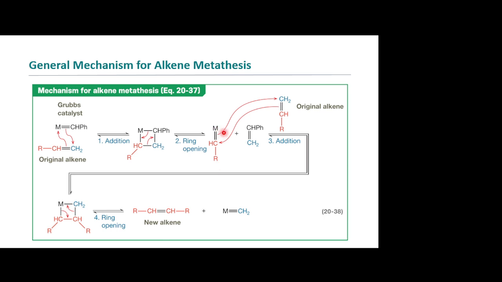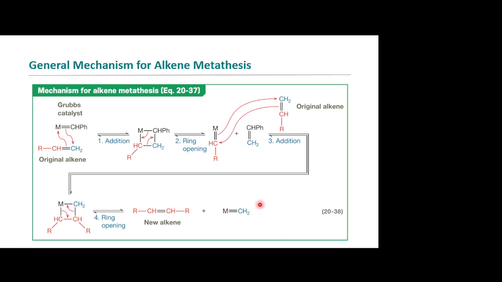So again, the double bond with the metal goes on to that exposed carbon on this alkene. This one right here, the pi bond, is going to go on to this carbon, and we'll make our 4-membered ring. And again, we'll get a ring opening. Again, it can fall apart either direction. And this will generate our new alkene with this metal with the CH2.